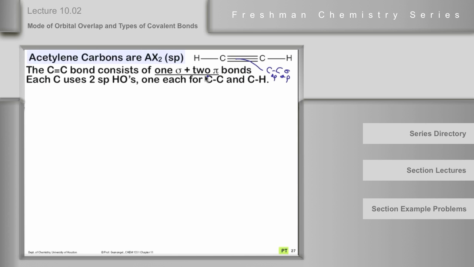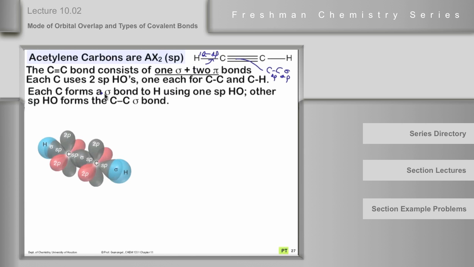So the other sp hybrid is used to form the bond to the 1 hydrogen that exists on that particular carbon. So this is an sp hybrid lined up with a 1s hydrogen over there. Okay. Now, each carbon then forms a sigma bond to hydrogen.